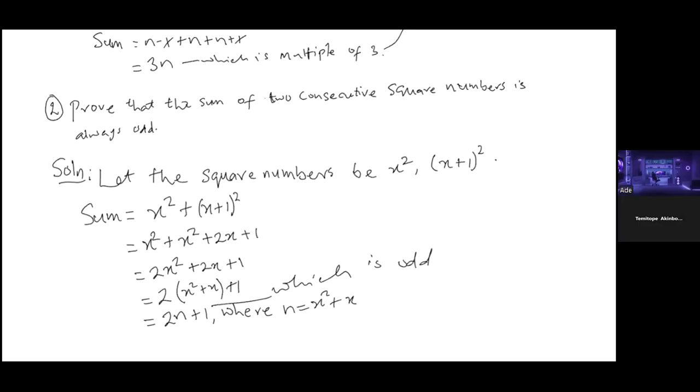Hence, the sum of two square numbers is always odd.